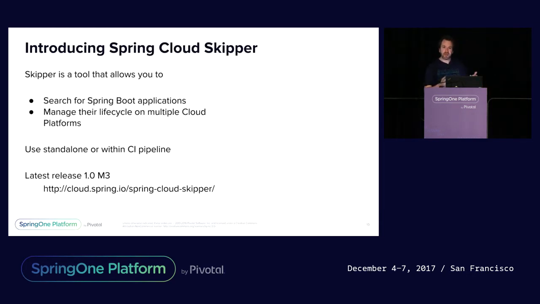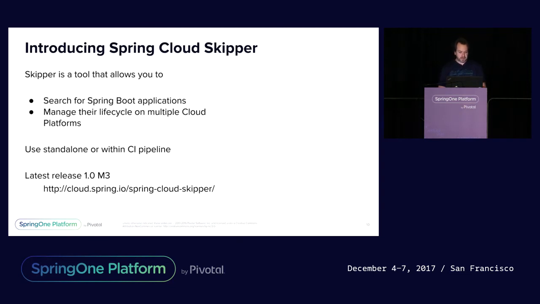So Skipper was meant to fulfill that goal and those features. So number one, it's a tool to search for what's out there, much like when you have apt-get or brew. You can first browse what's out there, and then manage their lifecycle on multiple cloud platforms. So you can use it just alone, or I'll show later, you can use it inside of a CI platform.